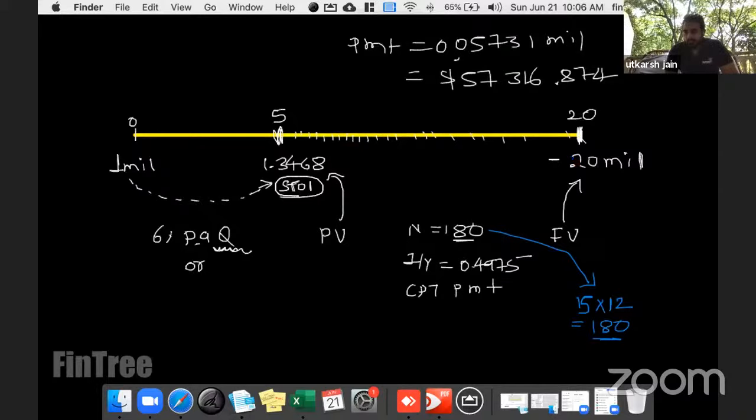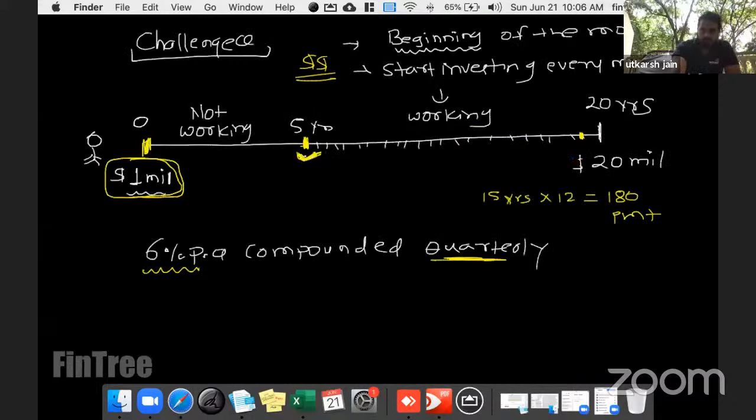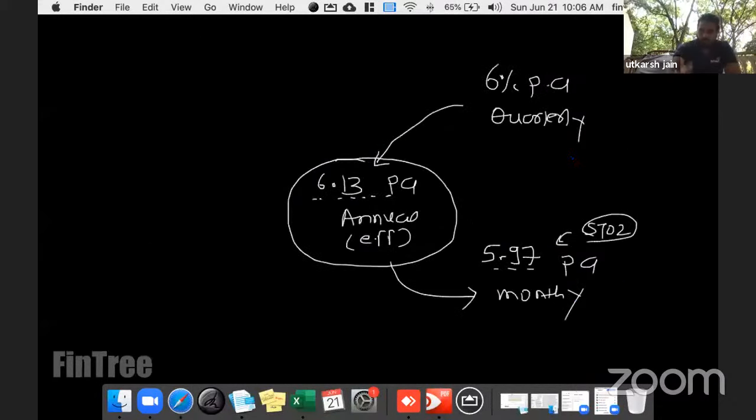Okay, then next question is, can you explain the monthly interest part? Yes, I can, definitely. So your monthly interest works this way. I'm guessing you are asking me this question. So see, logic was very simple. The rate given is 6% per annum compounded quarterly.